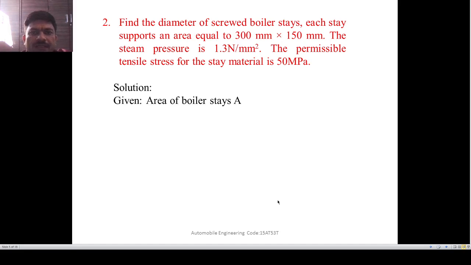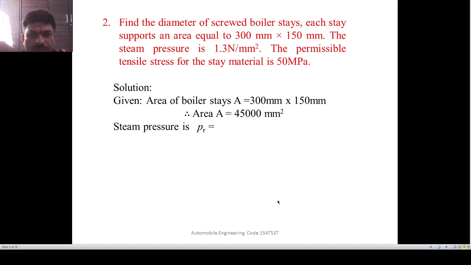Multiplying 300 mm into 150 mm, we get 45,000 mm square as the area. The steam pressure is 1.3 Newton per mm square, and the permissible tensile stress sigma T is 50 megapascal, which converted to Newton per mm square is 50 Newton per mm square.